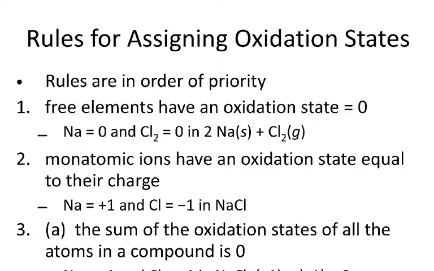So our rules for assigning oxidation states, and remember these rules are in order of priority. So rule number 1, free elements have an oxidation state of 0. Monoatomic ions have an oxidation state equal to their charge. So the sodium ion has an oxidation state equal to its charge of +1.